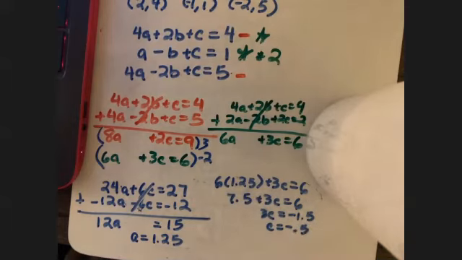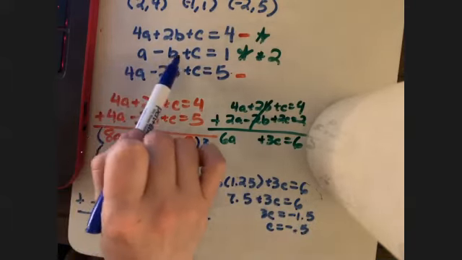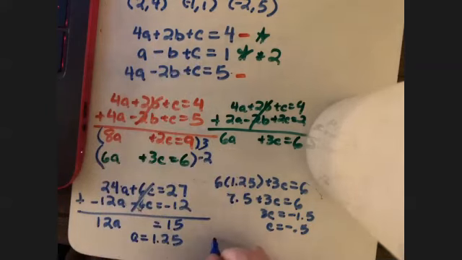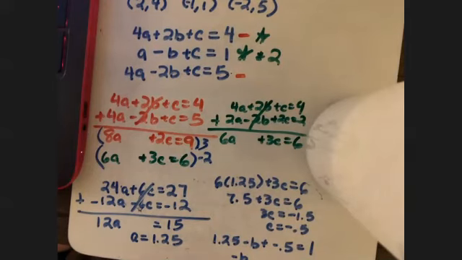Okay. And then I'm going to go back into this A negative B C one. So I have 1.25 minus B plus -0.5 equals 1. So I've got negative B plus 0.75 equals 1.